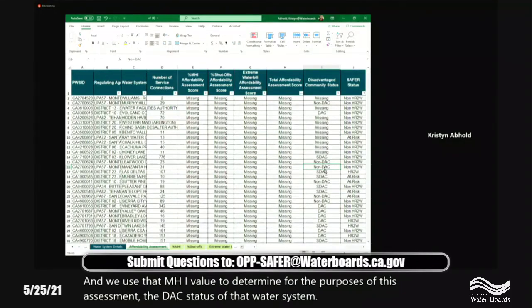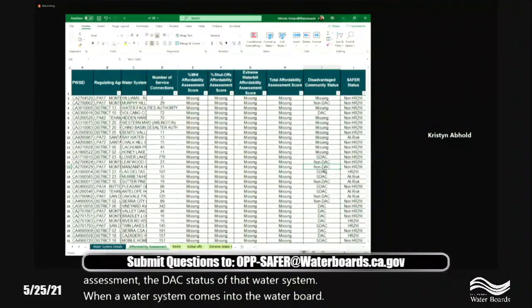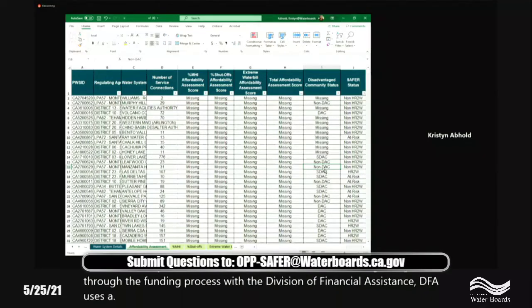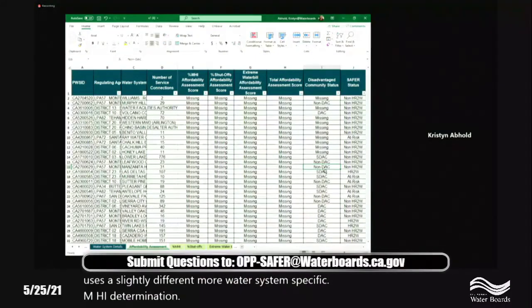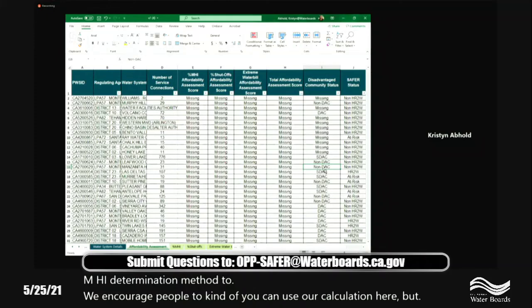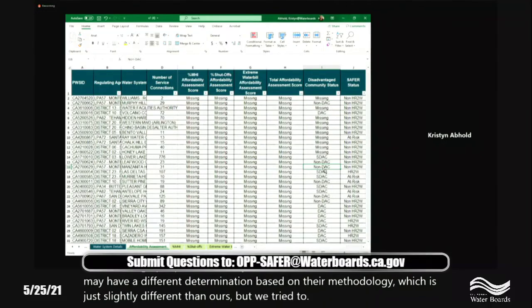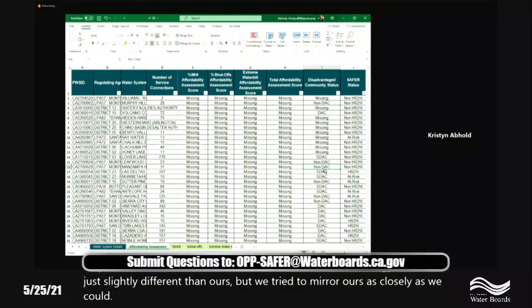When a water system comes into the water board for funding and goes through the funding process with the Division of Financial Assistance, DFA uses a slightly different, more water system specific MHI determination method. So you can use our calculation here, but DFA may have a different determination based on their methodology, which is just slightly different than ours. But we tried to mirror ours as closely as we could to what is used by DFA.